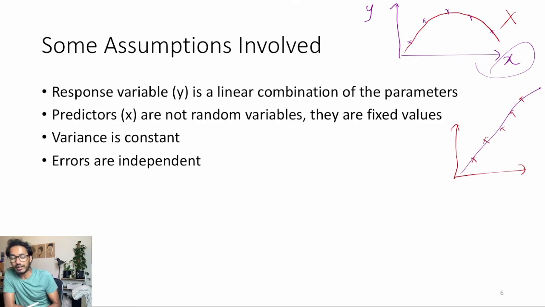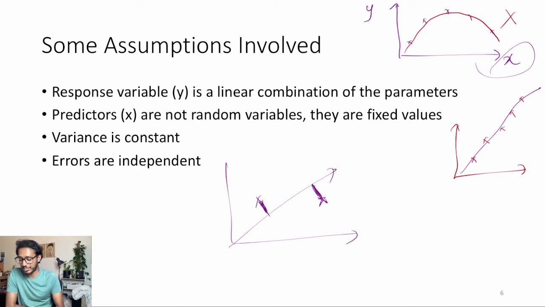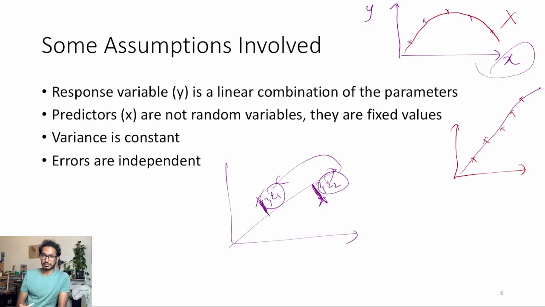So errors of different observations are independent. We have this error and we have this error, and these are independent of each other. We assume that there's no relationship between this epsilon 1 and epsilon 2.